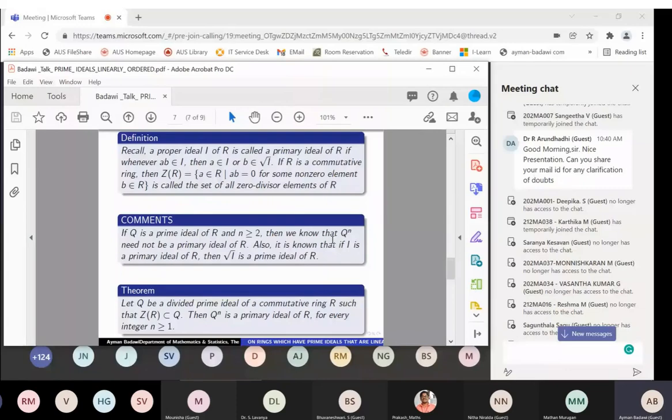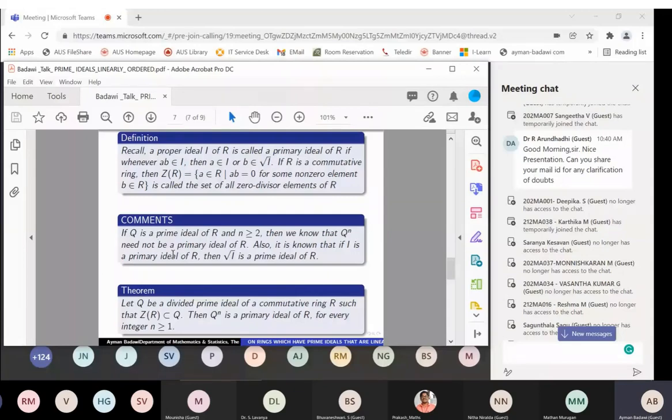Also observe that if I is primary, then the radical of I has to be prime. Why this question? You see why?